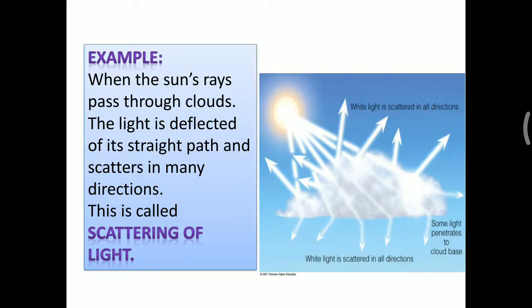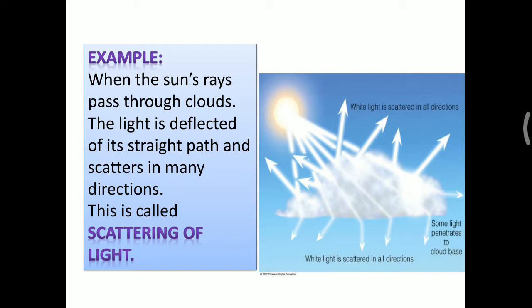Listen to this example. When the sun's rays pass through the clouds, the light is deflected off its straight path and scatters in many directions. This is called scattering of light. Look at this image. Here, the sunlight hits the clouds.